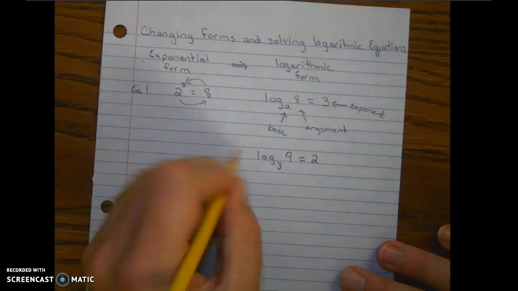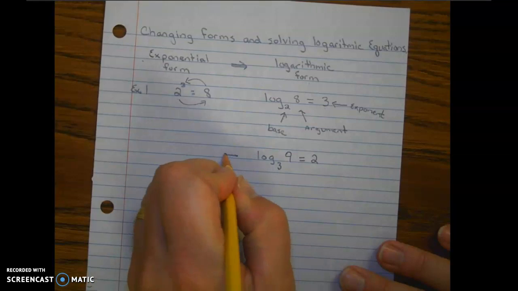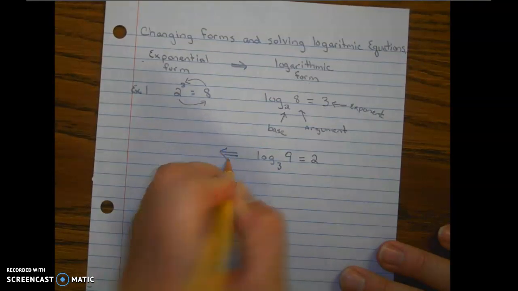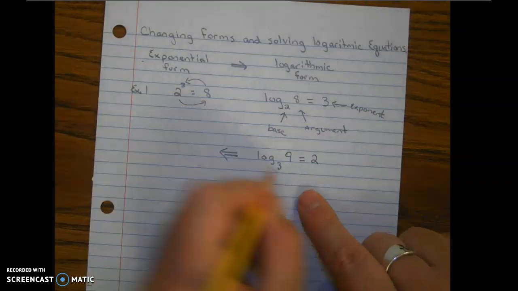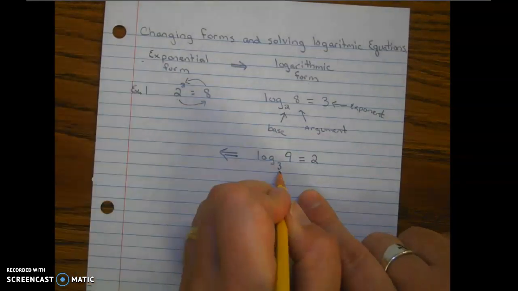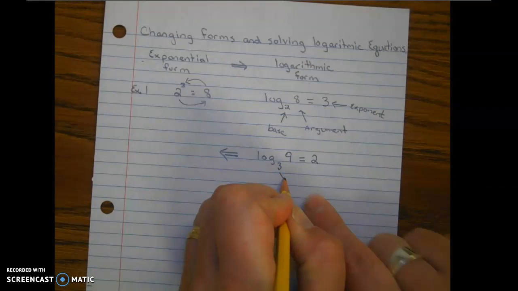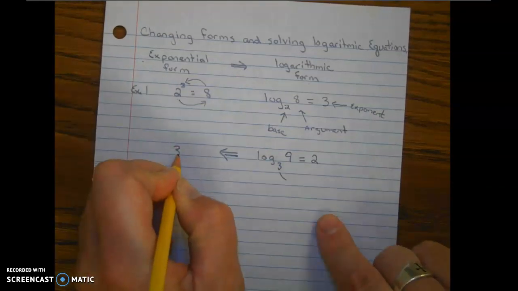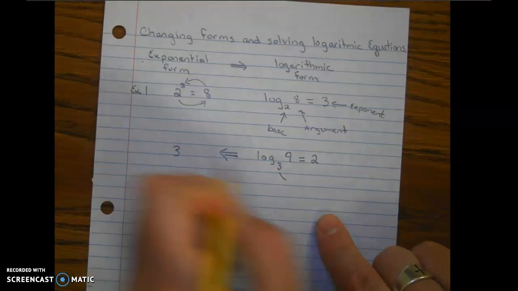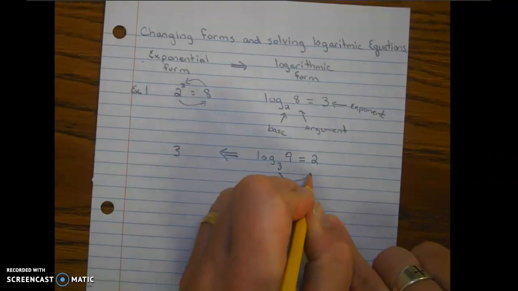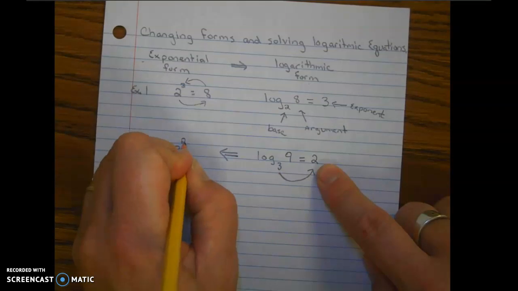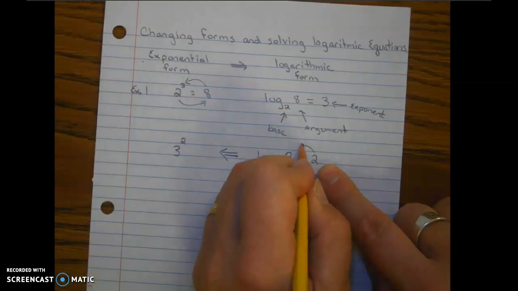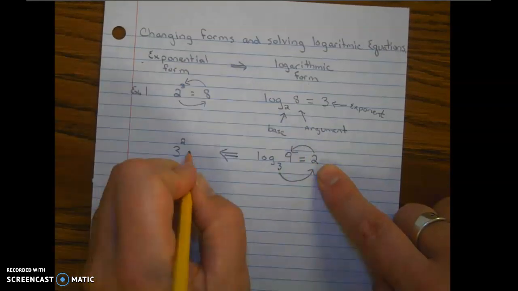Let's go over here and change this to an exponent. Again, we start here at the base, just like here we started at the base. So we write the base first, go around in the circle to the second power, and it's going to equal the argument.